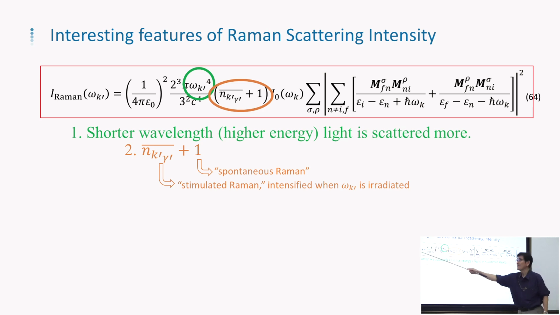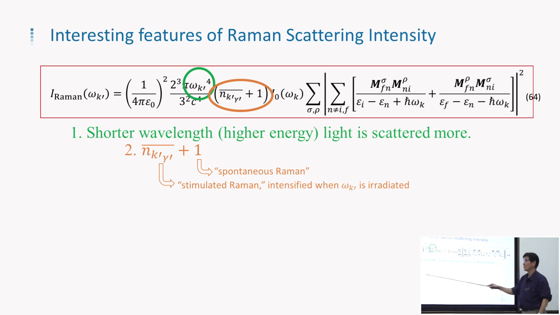And the Raman intensity depends on the number of photons of the scattered light. What does it mean? By introducing the same light as the Raman scattering besides the excitation wavelength, the Raman signal increases more.